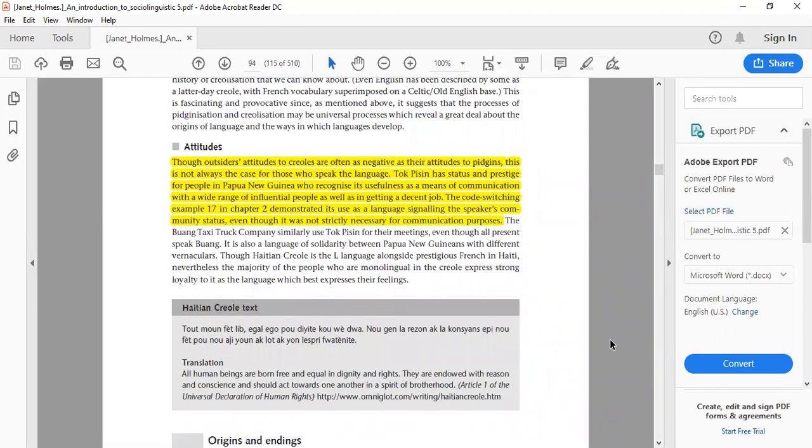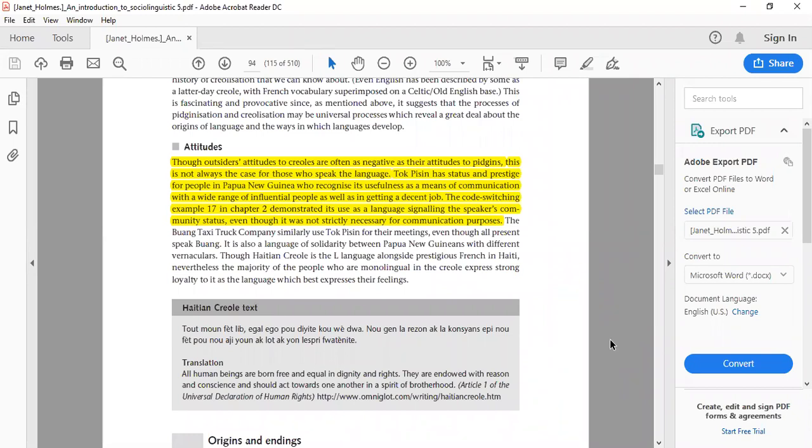Coming towards attitude. As I've discussed before, when there is pidgin, we don't have any such positive attitudes towards pidgin. But when this pidgin becomes Creole, there are native speakers, and when there are native speakers of that language, it's obvious that attitudes towards Creole are developed.